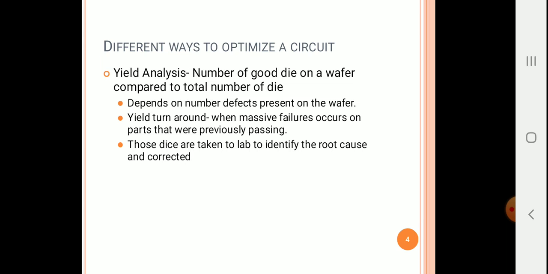This is called yield turnaround, that is, when massive failures occur on parts that were previously passing. This also can be avoided by making possible changes in the process methods. These are some of the ways by which manufacturing defects can be avoided.